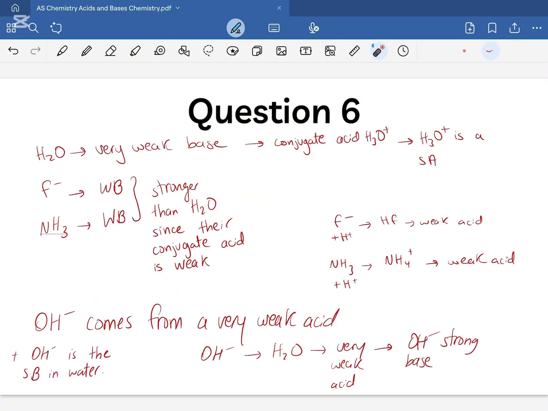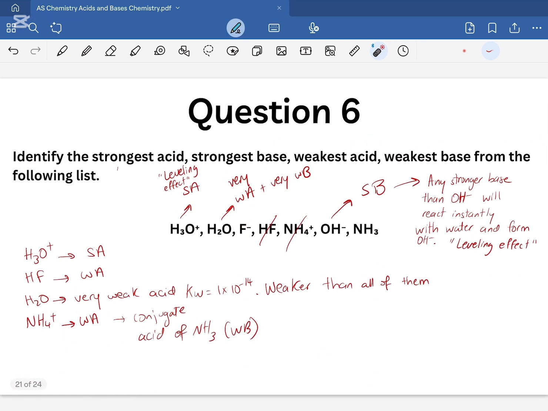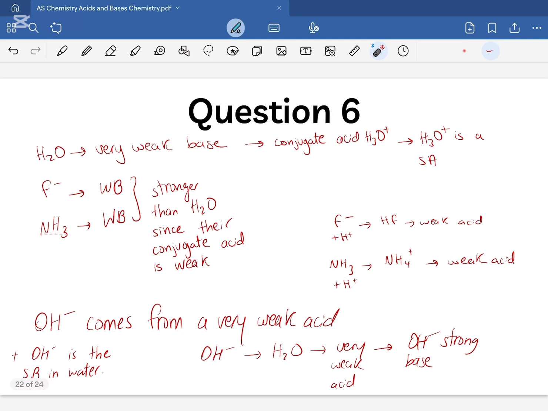Now, if you go over the bases, we said that the strongest base is going to be OH-. As we mentioned before, any stronger base than OH- will react instantly and will form the OH-, and we refer to this as the leveling effect. Now, if we want to find out the weakest base, we have the options H2O, F-, and NH3. Now, these two come from the conjugate acid. F- comes from HF, which is a weak acid.